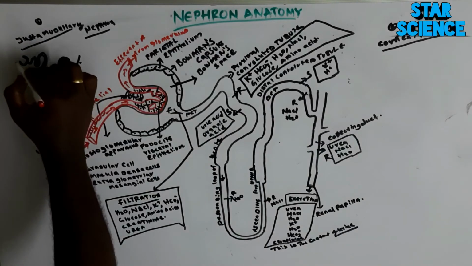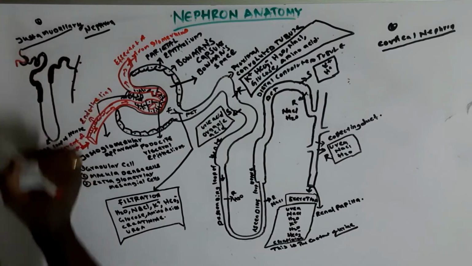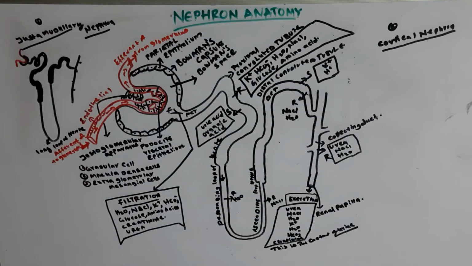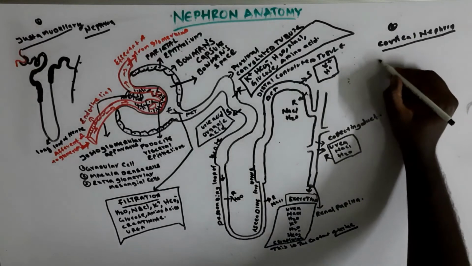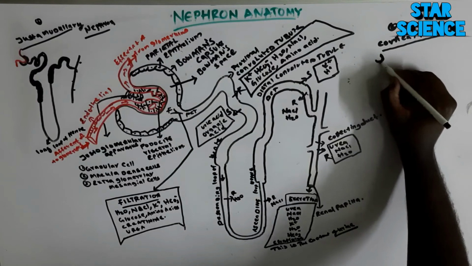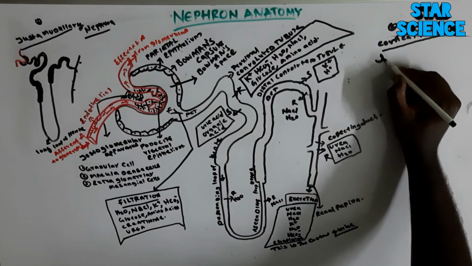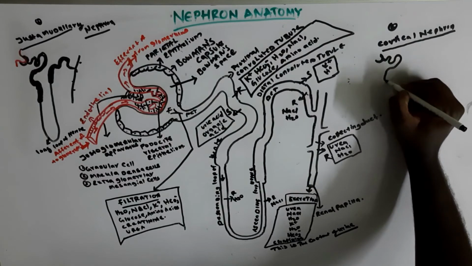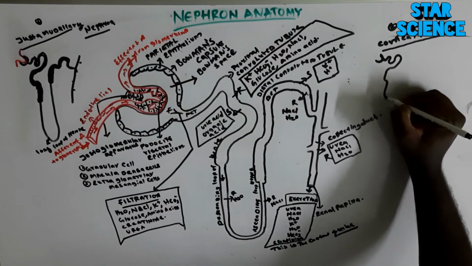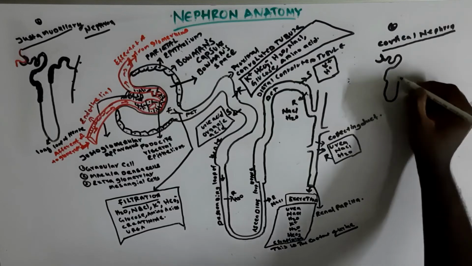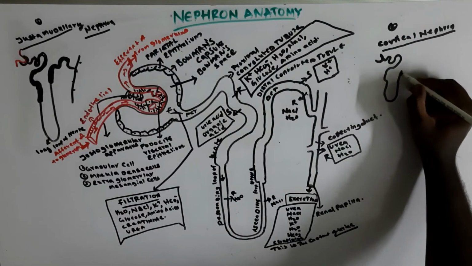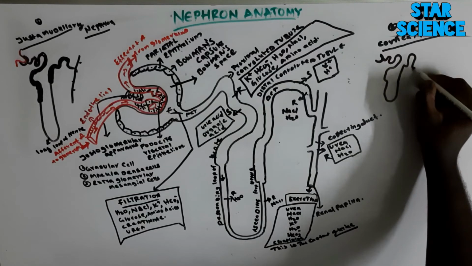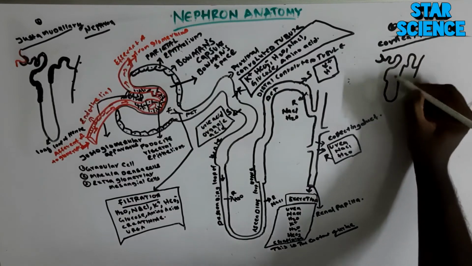So I'm going for the blood supply here for the juxtamedullary nephron, and afferent and efferent I have given. So afferent is nothing but from the renal artery. And again I'm going with the cortical nephron, where it has Bowman's capsule, PCT, a short loop of Henle, and it has DCT and collecting ducts.